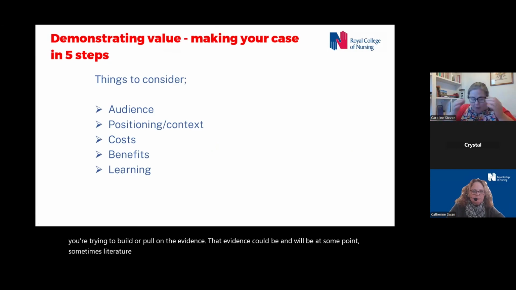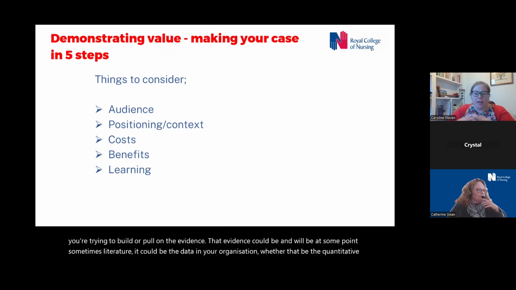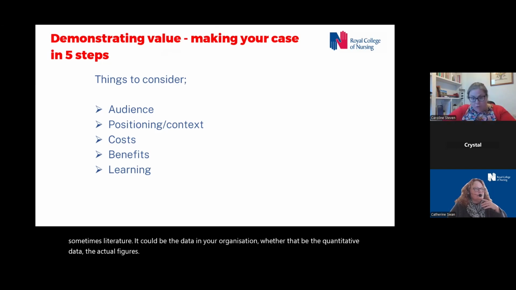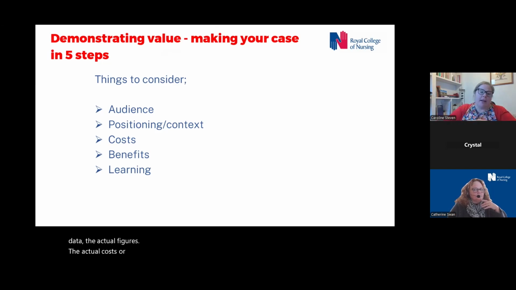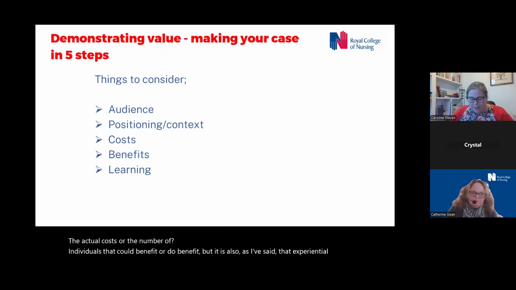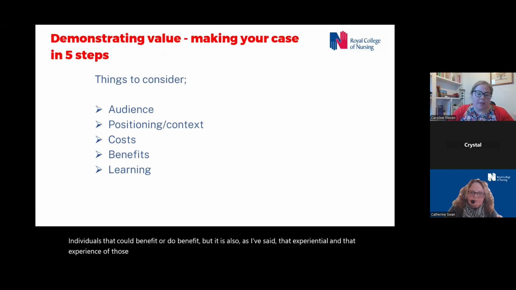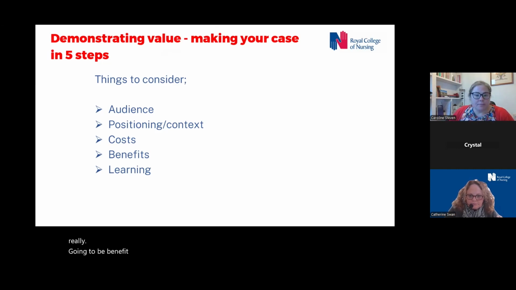It could be the data in your organization, the quantitative data, the actual figures, the actual costs, or the number of individuals that could benefit. But it is also, as I've said, the experience of those individuals who are using or benefiting from the service.